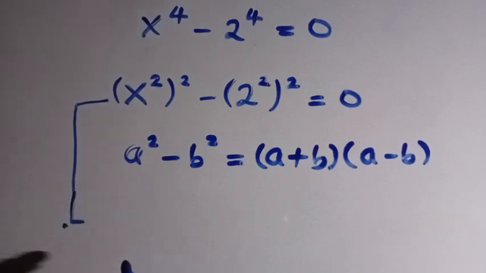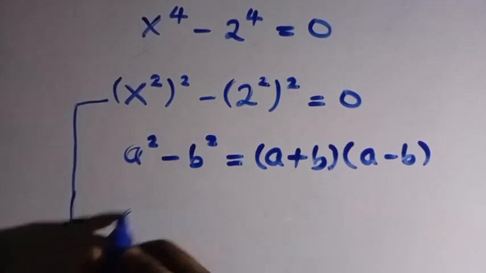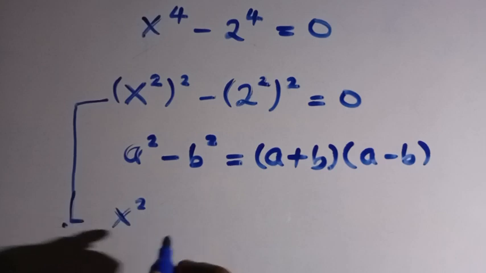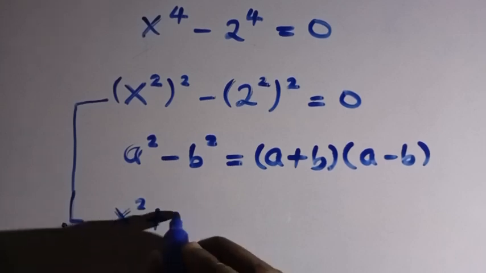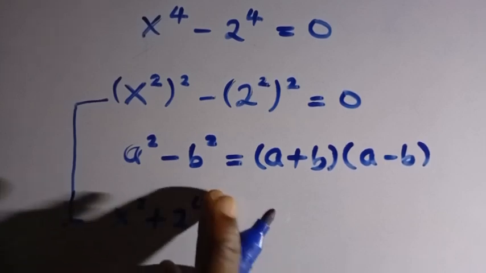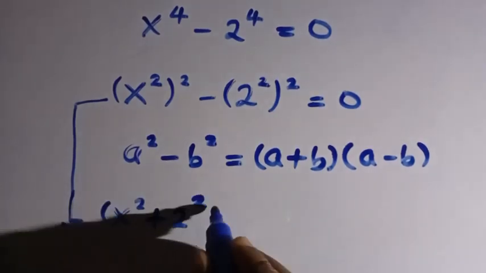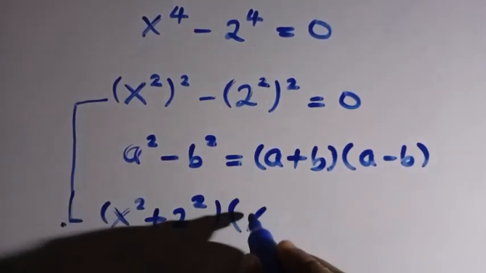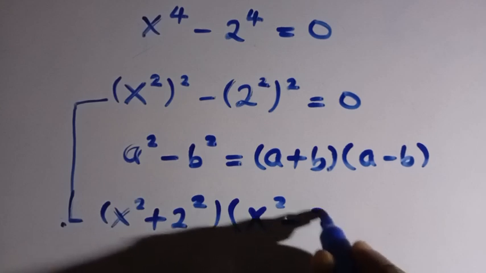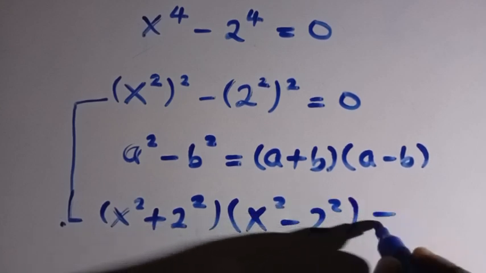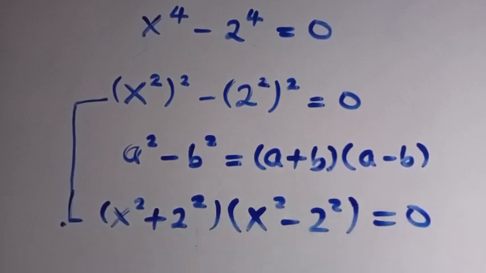Just like a template, our a squared is like our x squared. Applying it here, we have x squared plus 2 raised to the power of 2, and also x squared minus 2 raised to the power 2, equals 0.